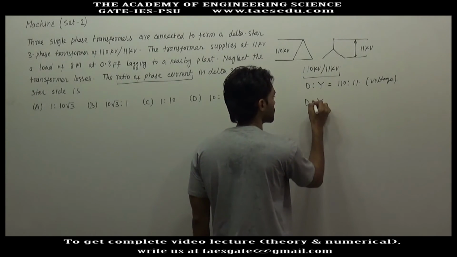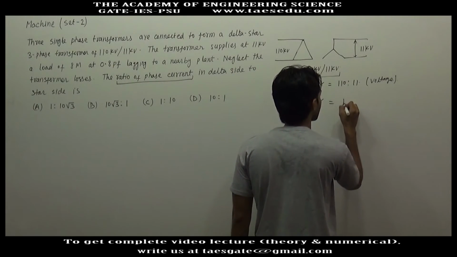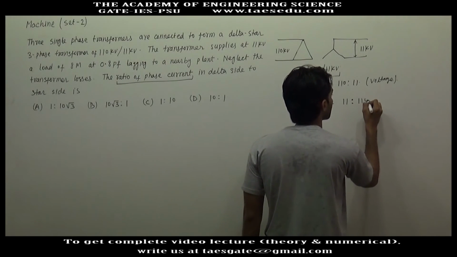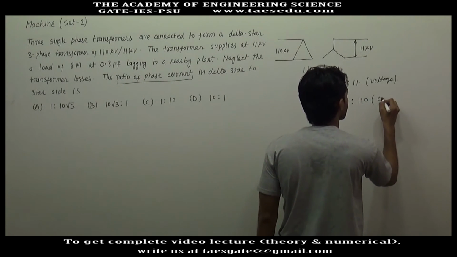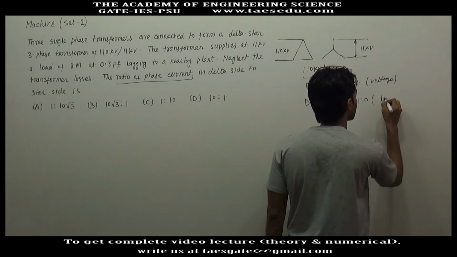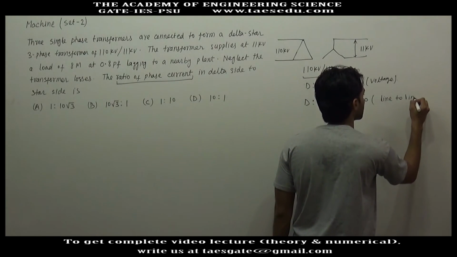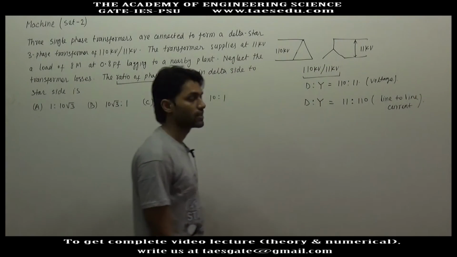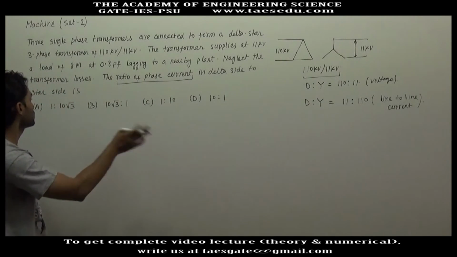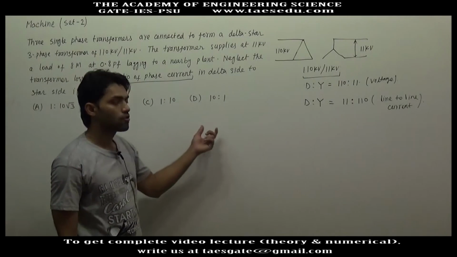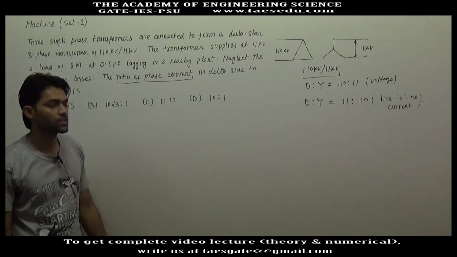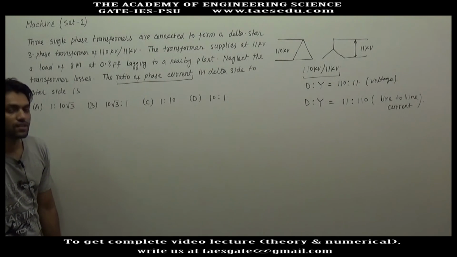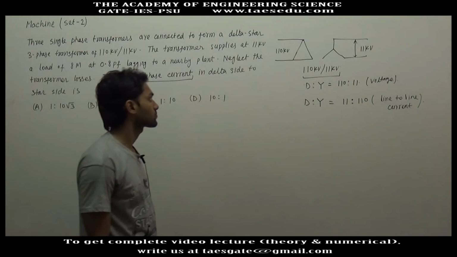Line to line current ratio will be delta to star side, this will be 11:110. This will be line to line current ratio, but we have to find out ratio of phase current in delta side to star side. So to find out ratio of phase current, let us first find out the ratio of phase voltages, and then we will take the inverse of that ratio of phase voltages.